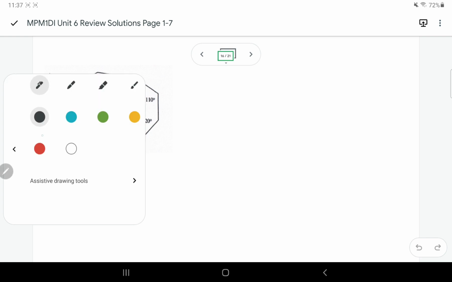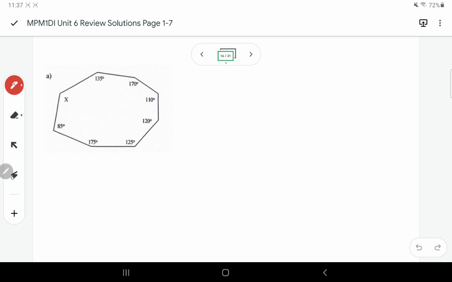So for this one, we have a polygon and we need to count how many sides or angles there are. So I've got 1, 2, 3, 4, 5, 6, 7, 8. I have 8 sides, 8 angles. So we know that the sum of the angles is 180 times n minus 2.